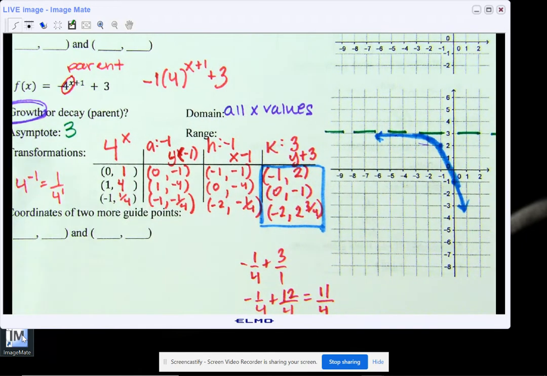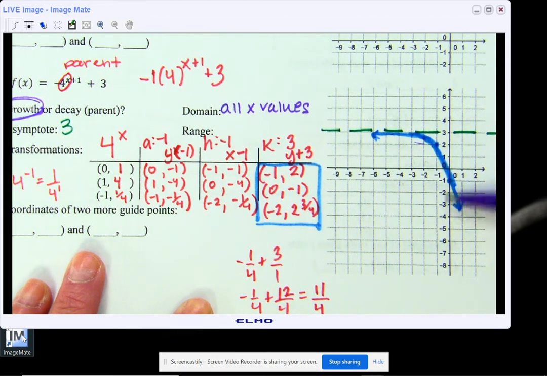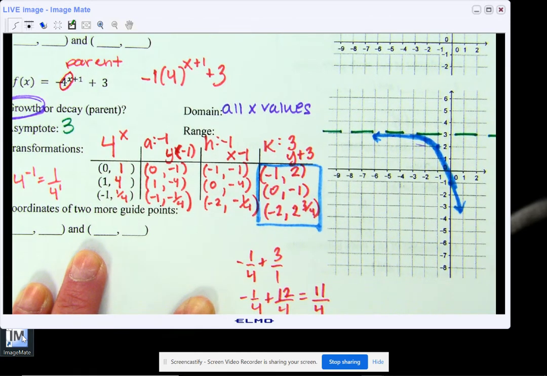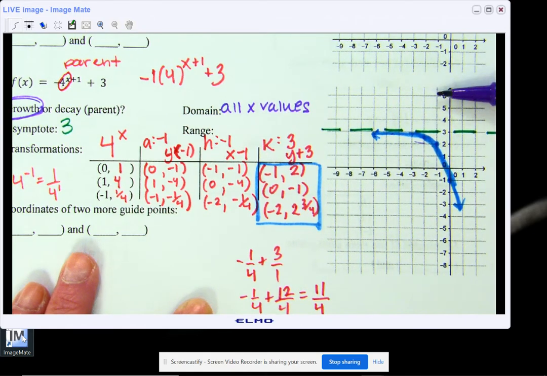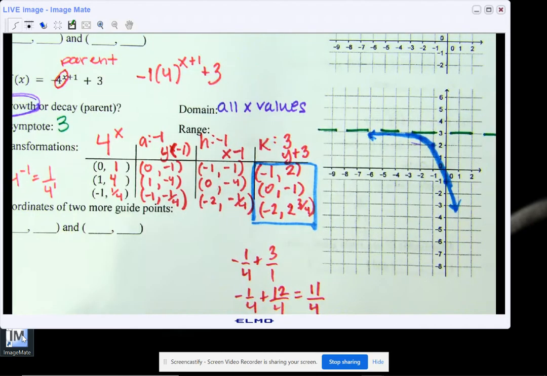Now the range is the y that's included, which y values are included here. My curve will continue down to the negative y's forever and ever. However, on the positive end here, it's going to approach y equals 3, but never ever touch it. So all of the negative y's are included to infinity.